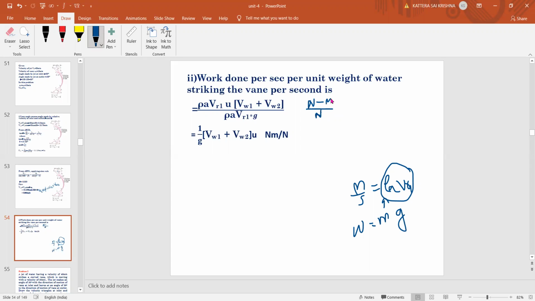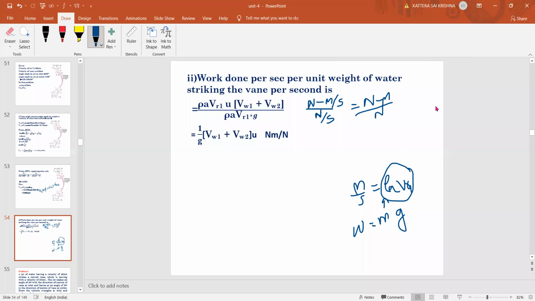Right, one second. Actually, what you'll get is Newton meter. What is this? Work done per second. So Newton meter per second per weight per second. So second and second get cancelled. So the remaining will be Newton meter per Newton. Okay, so this will be the unit, Newton meter per Newton.